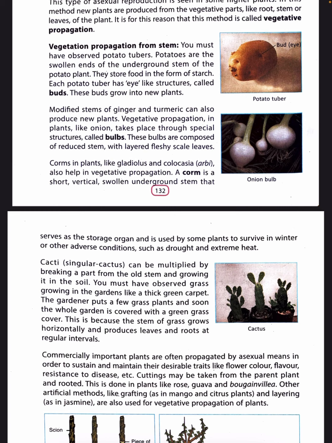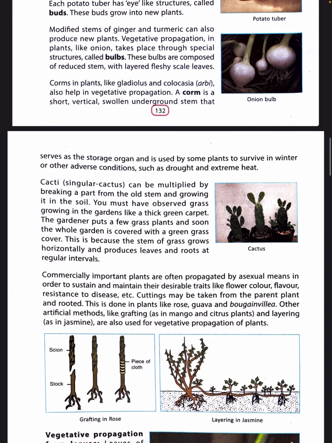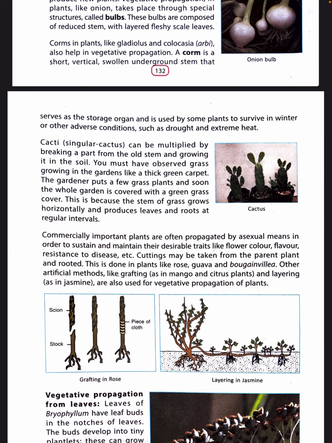A corm is a short, vertical, swollen underground stem that serves as the storage organ and is used by some plants to survive in winter or other adverse conditions, such as drought and extreme heat. Cacti, or singular cactus, can be multiplied by breaking a part from the old stem and growing it in the soil.